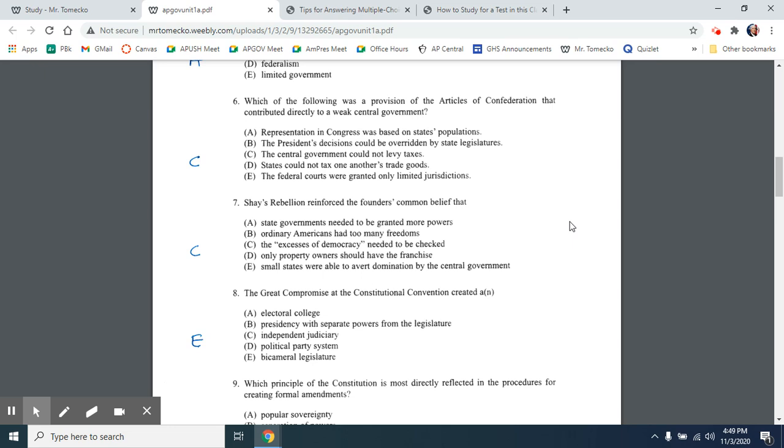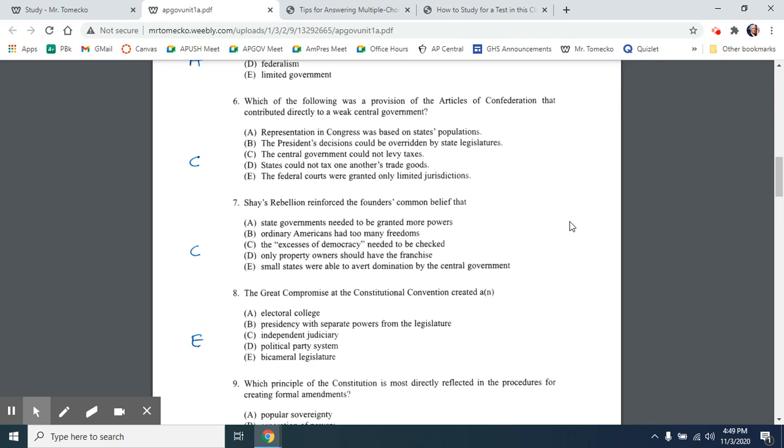Or maybe I might say, well, no, under the Articles, all states were sovereign. All states, they were like their own little countries. So, they probably could tax one another's trade goods. They probably could put a tax on goods being brought in from other states. So that's probably not true.